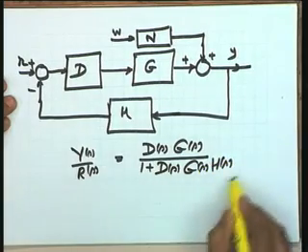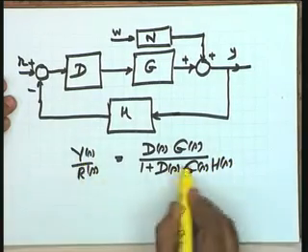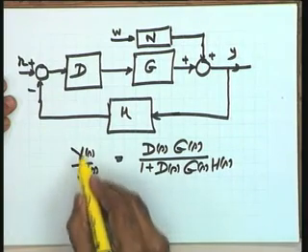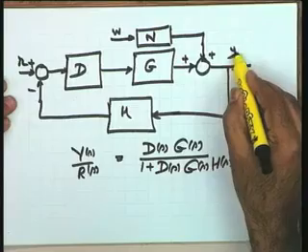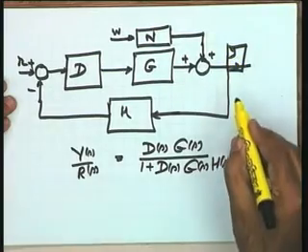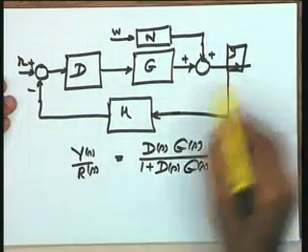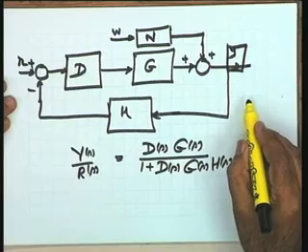Because of this high loop gain, there is a loss of gain, the ratio between Y and R gets reduced, and he says that if I take an amplifier here, this loss of gain can be compensated for.